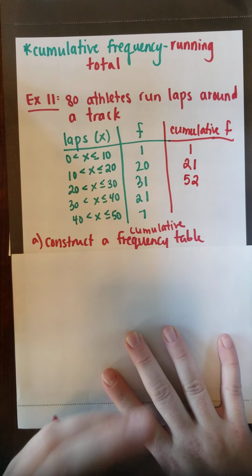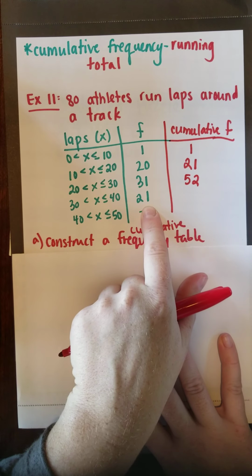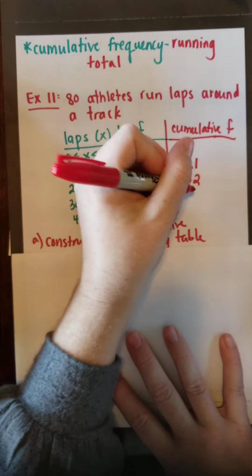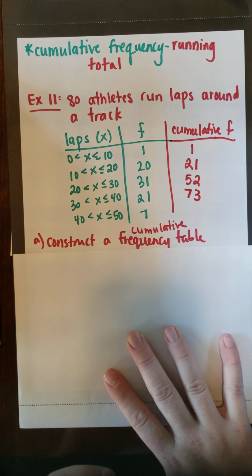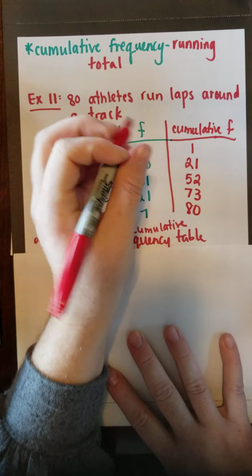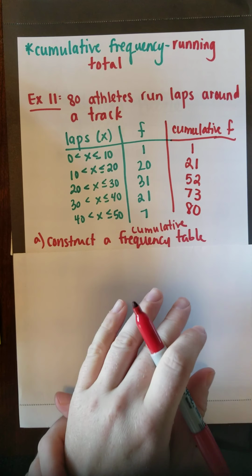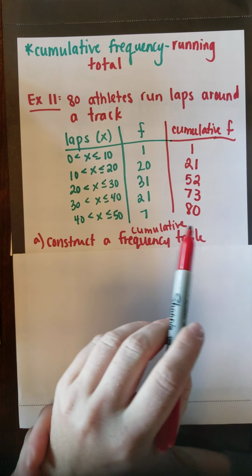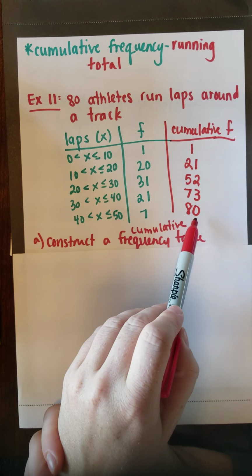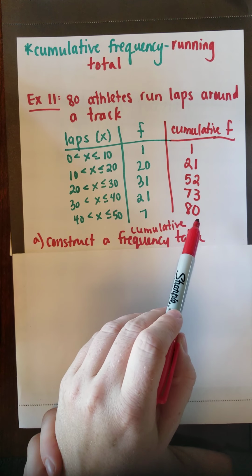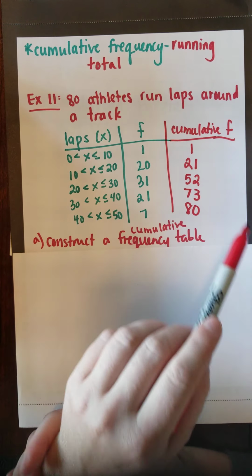Then I would add the next one. So this would be 73. And then add your last one, which would be 80. So something that this can tell you is that you have 80 athletes altogether, if it didn't tell you that up here.